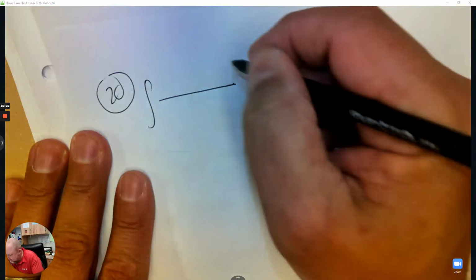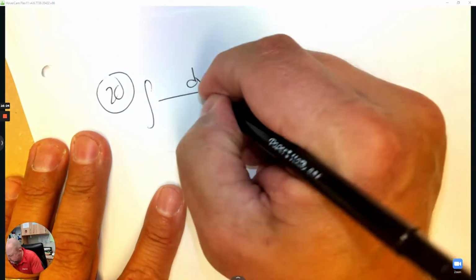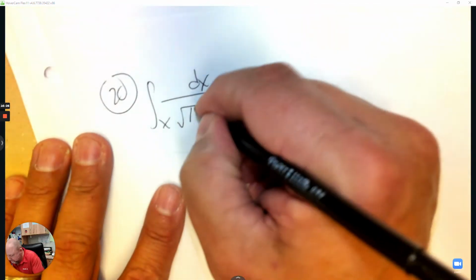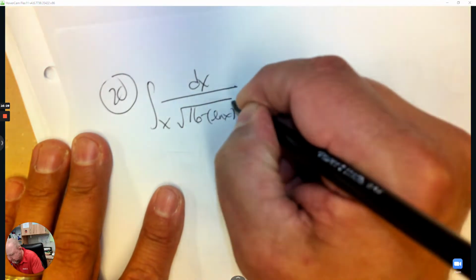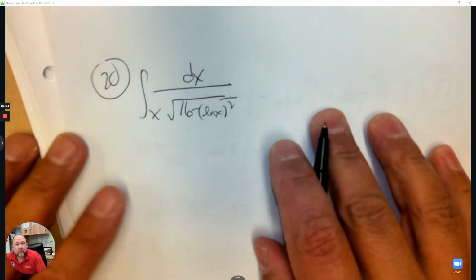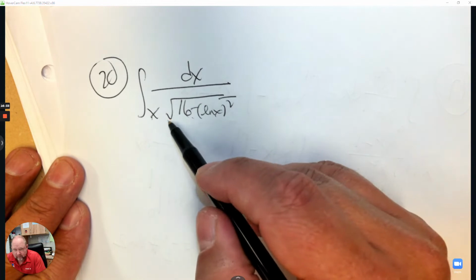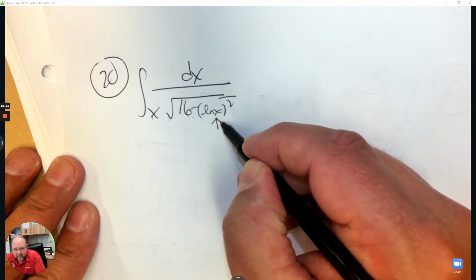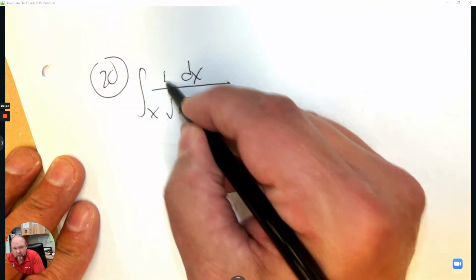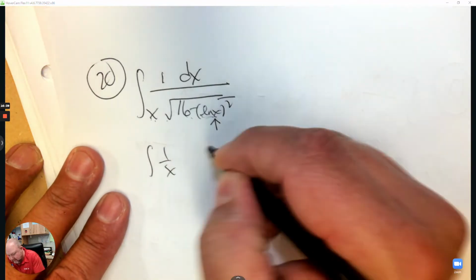We're going to integrate. So I'm going to tell you what I see. So this is not in the form of arc sine, but I do see that the derivative of ln x is 1 over x. So I'm going to write it calculus friendly.